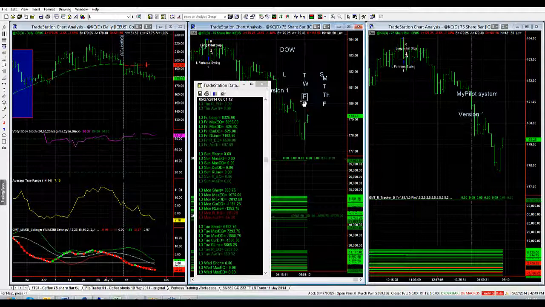Because we might find that if the volatility is dropping off, the 75 share bar might be a little bit too high. If we bring it down to a 55 or a 35, we might find that that's going to give us the range that we need and the profit we need based on the moves that we're getting in the day. Now, so we can re-optimize stops and targets.